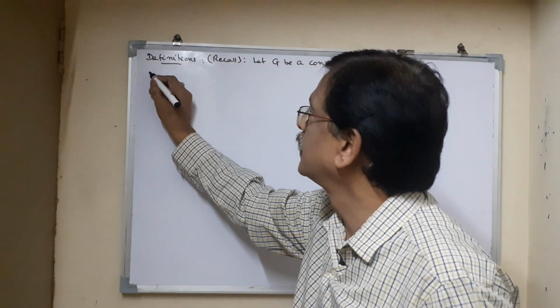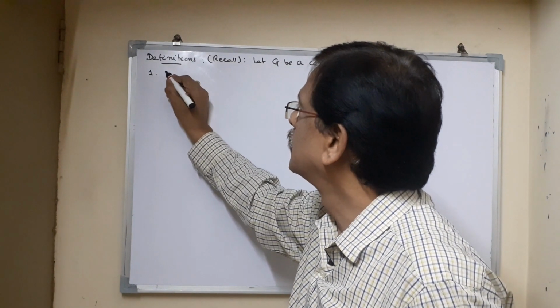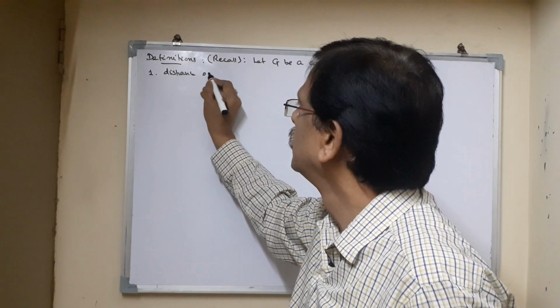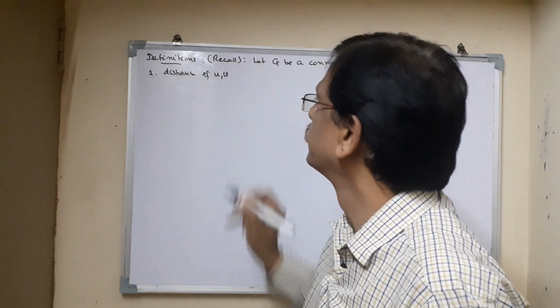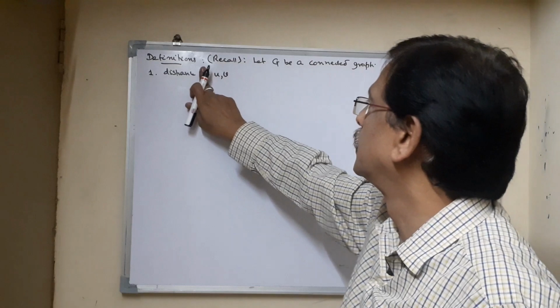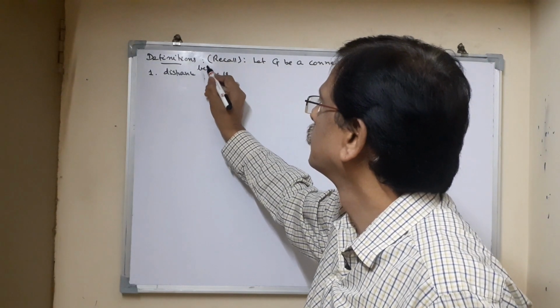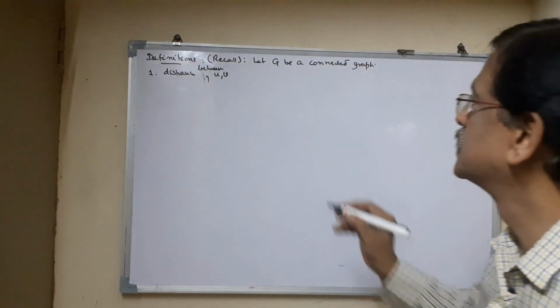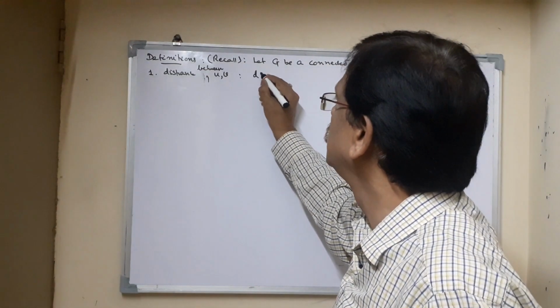Definition 1 is the distance between U and V, which I am writing as d(U,V).